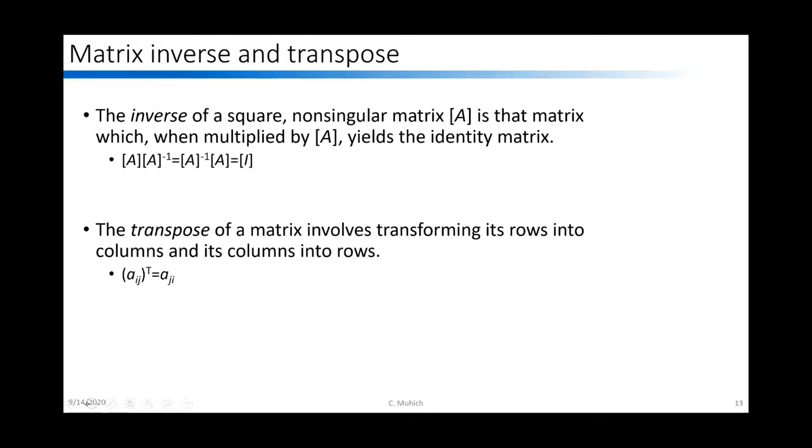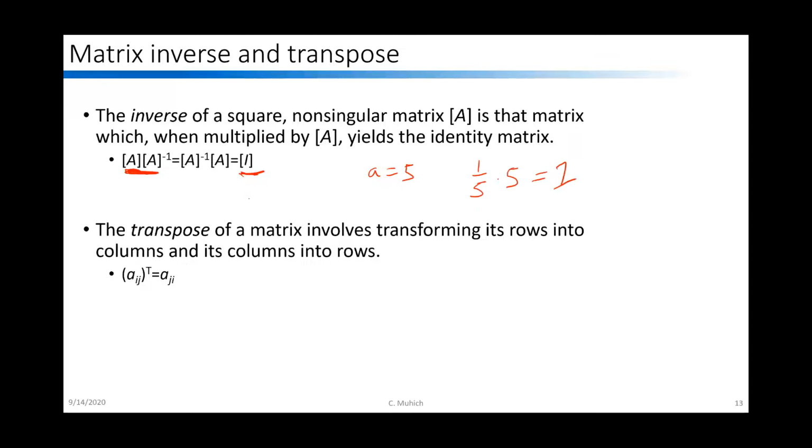A matrix inverse is a matrix that when I multiply a matrix A by A inverse, I end up getting the identity matrix. To put an analogy, if I have a variable A equals 5, and I multiply 1 over 5 times 5, we get 1.